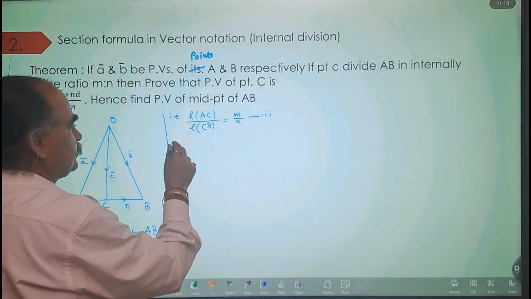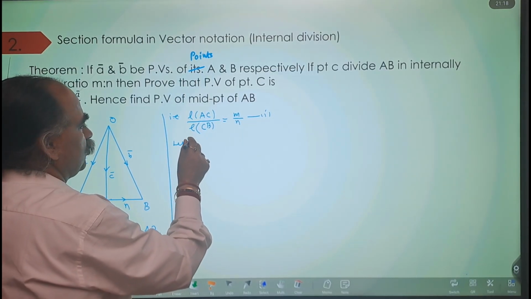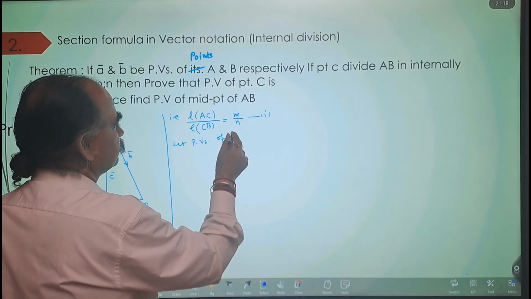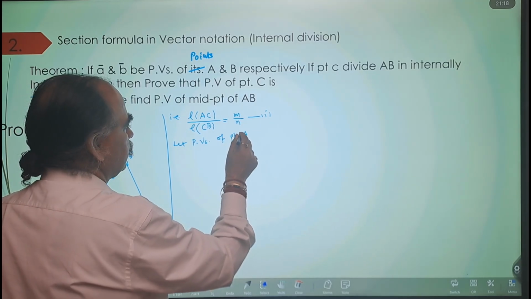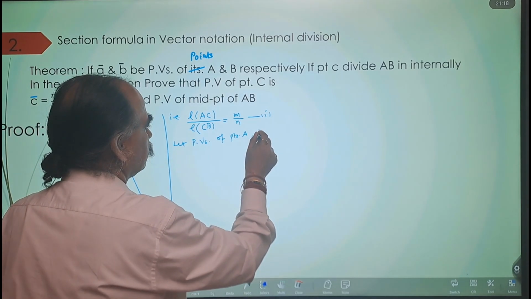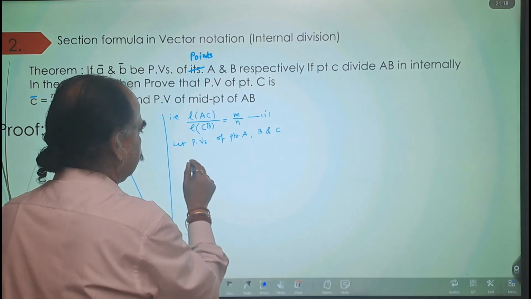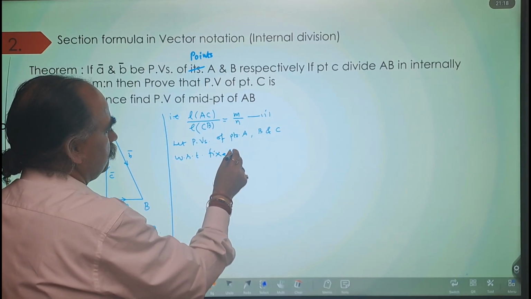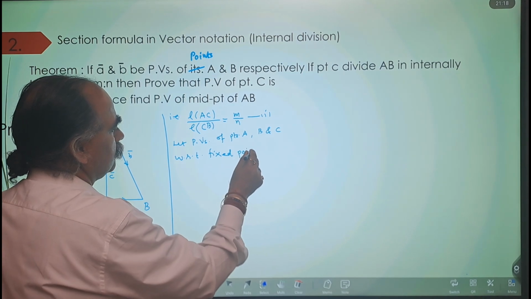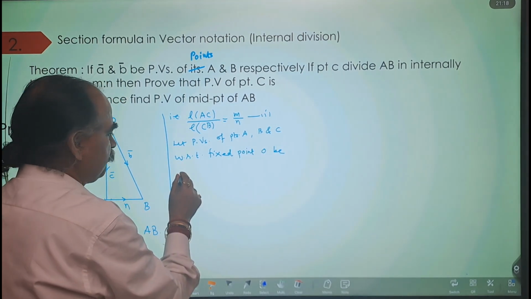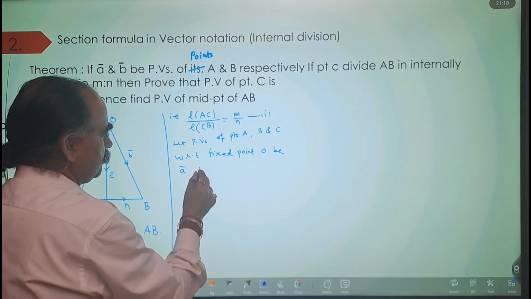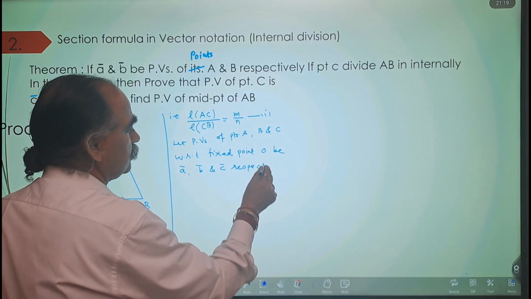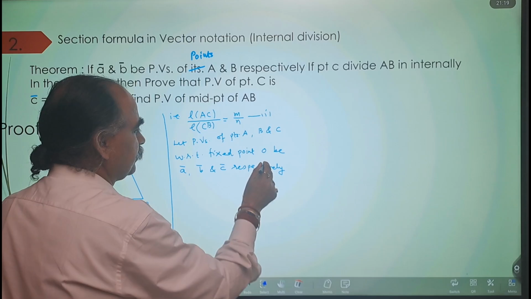Let position vectors of points A, B and C with respect to fixed point O be A bar, B bar and C bar respectively.